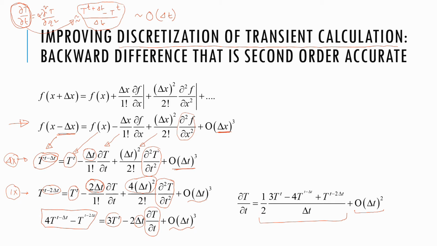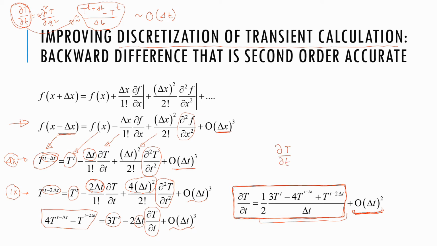And so now we have a formula for the time derivative, written this way, that is second order accurate. So this is better than the one that's first order accurate.